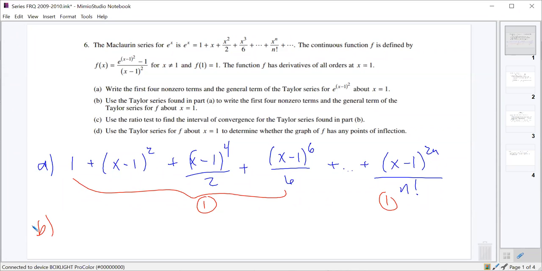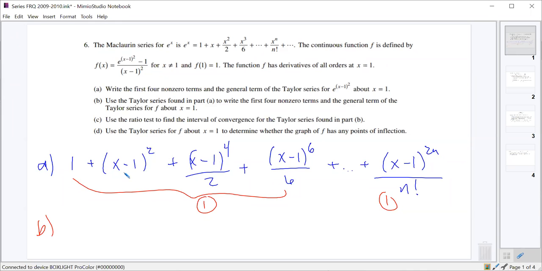Part B, we want the first four non-zero terms and the general term for f about x equals 1. So now we need to subtract 1. If we subtract 1 from our series, that just gets rid of this first term. And then if we divide everything by x minus 1 squared, that's going to bring down the power of each of these things by 2.